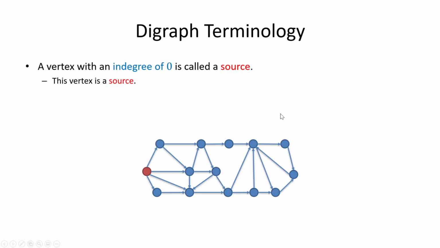What that means is that in a directed graph, you can have a couple of properties that you can't necessarily have in an undirected graph. In an undirected graph, if you have a degree of 0, then you are an island, an isolated vertex. But when you're talking about a digraph, you could have an indegree that is 0 or an out degree that is 0.